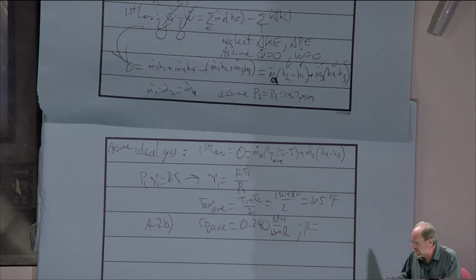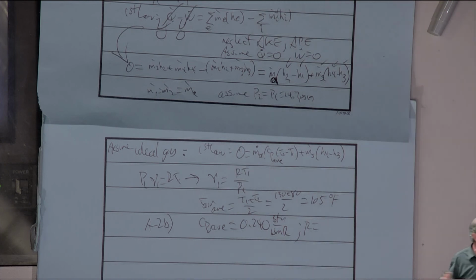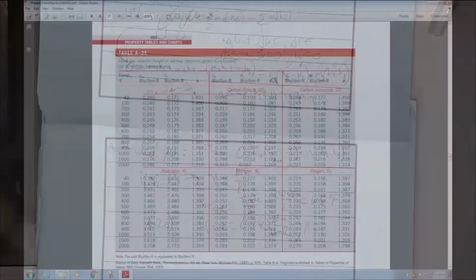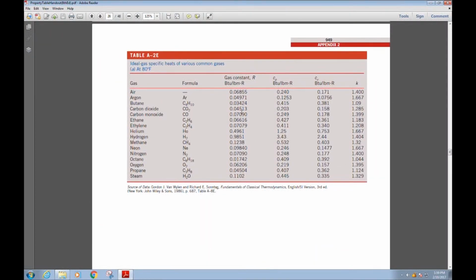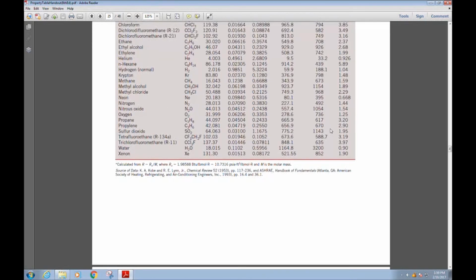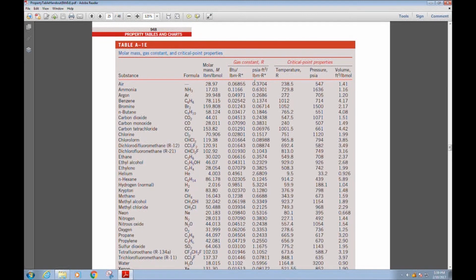We may as well look up the value of R while we're here. Now it doesn't give me R in table A2 part B, but it does give me R in A2 part A. Now, do I want to use this? Honestly, there's better data. Remember that A1 also has gas data, and you may recall a statement I made a few weeks ago that there are two different values of the gas constant in table A1.